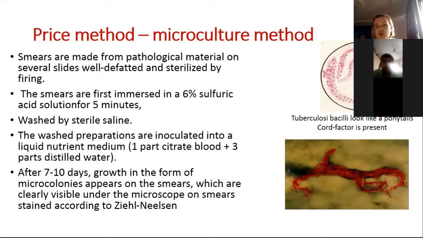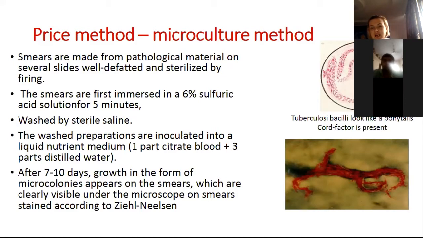On the right side of your screen, you can see the picture of the bacilli after the Price method. And these bacilli look like ponytails, girls' tails. Under this is a schematic picture in the upper part of the screen, and under this picture, you can see the microscopic picture.